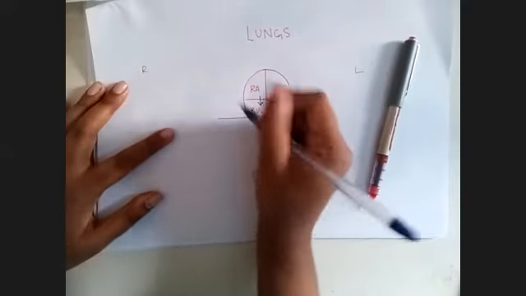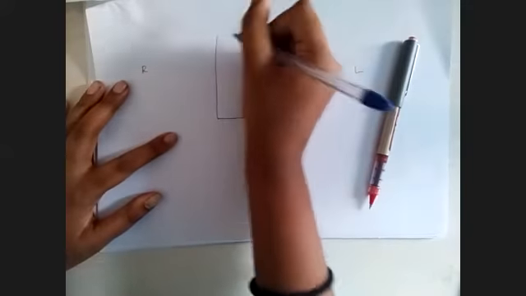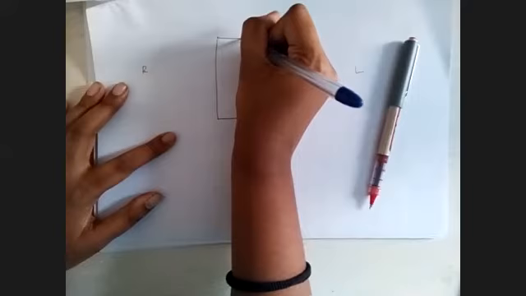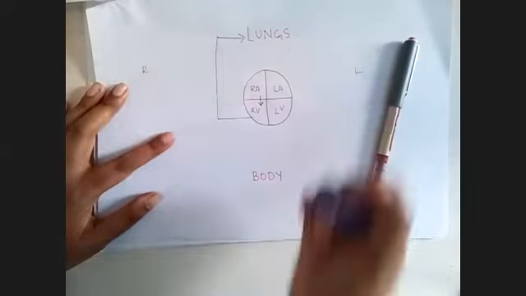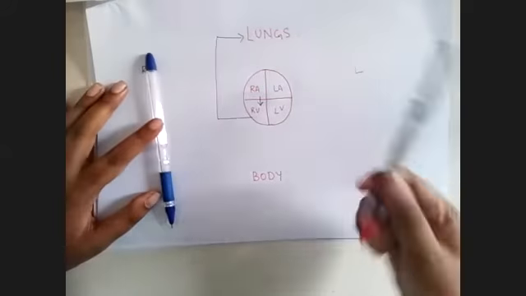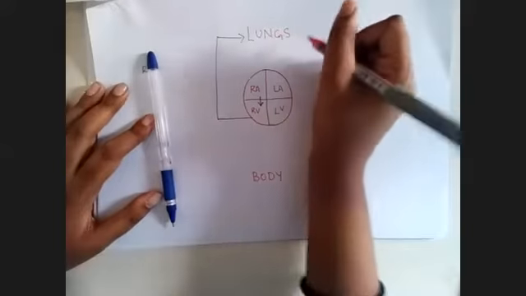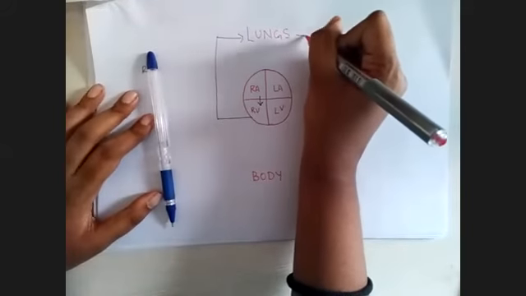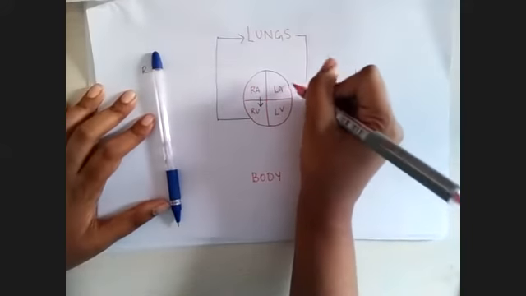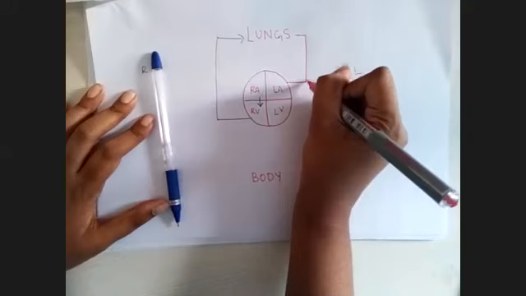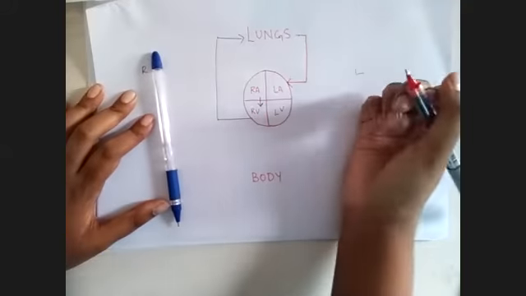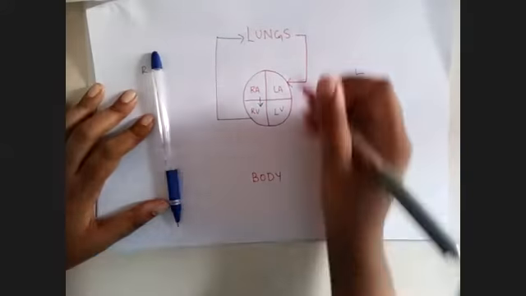From the right ventricle, the blood then travels to the lungs, where it gets oxygenated. The oxygenated blood travels all the way to the left atrium, or the left auricle.